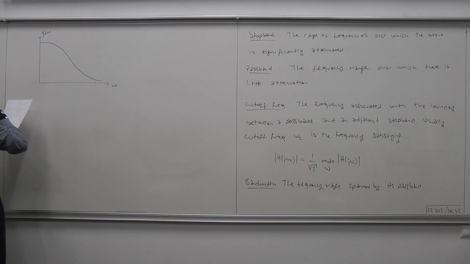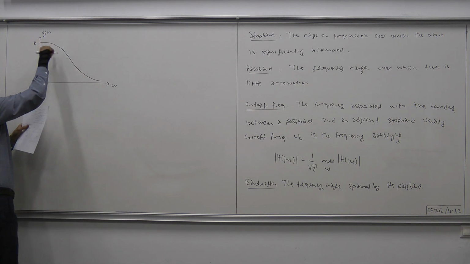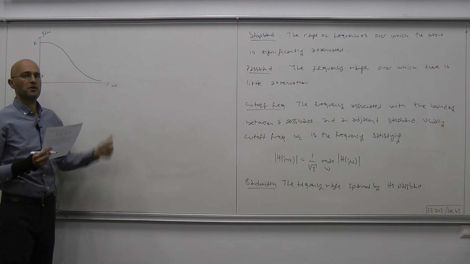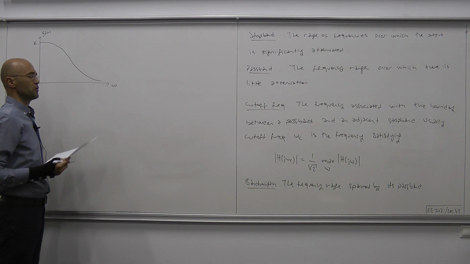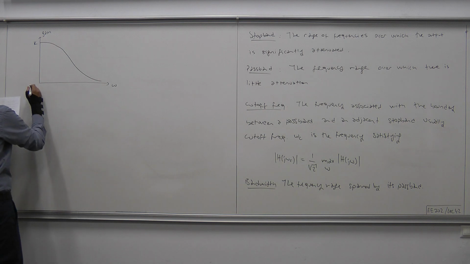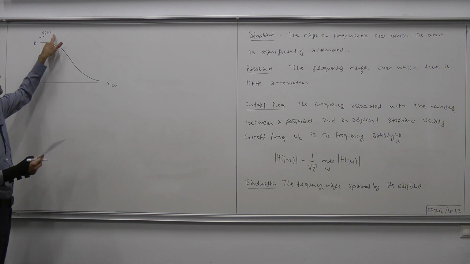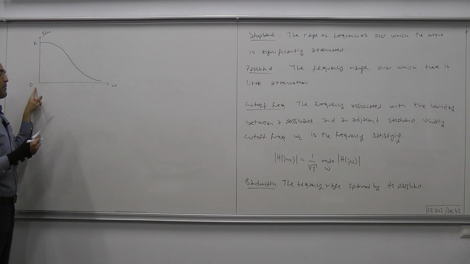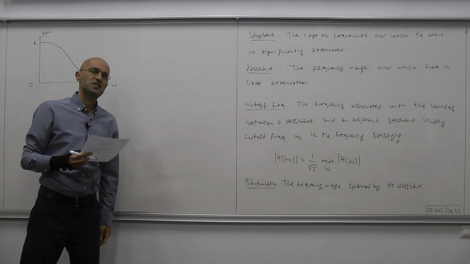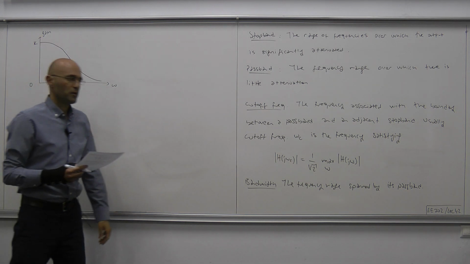It starts from, let's say, some K, and then it decreases monotonically and becomes smaller and smaller as the frequency increases and approaches infinity. Okay, this is 0. Now the maximum value of the gain for this shape is the value that it takes at omega equals 0. So the so-called DC gain is highest for this example, and then as the frequency increases it becomes smaller and smaller.